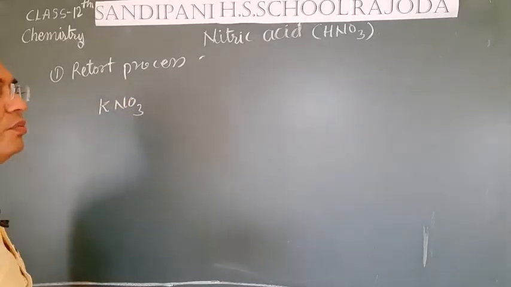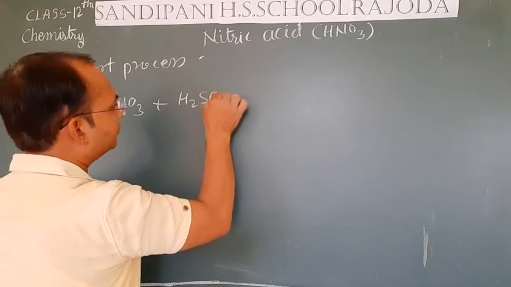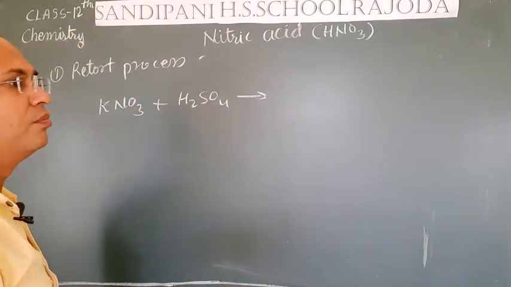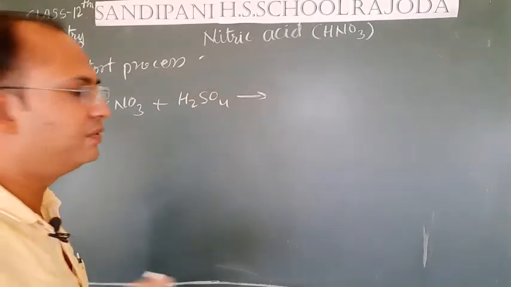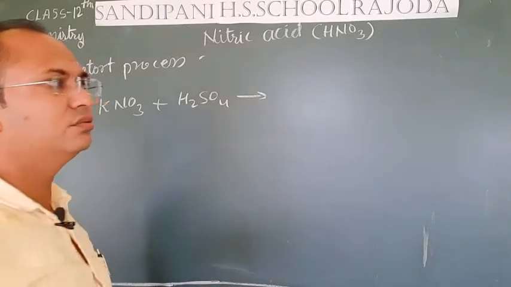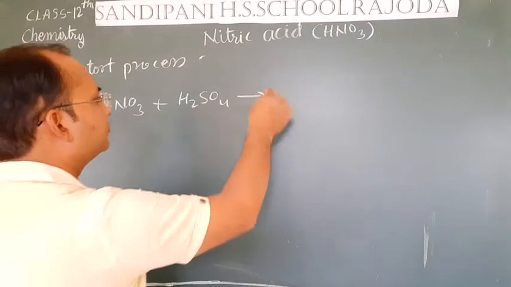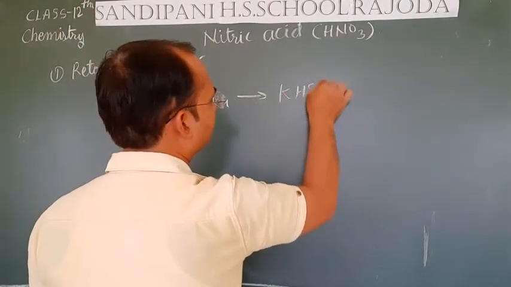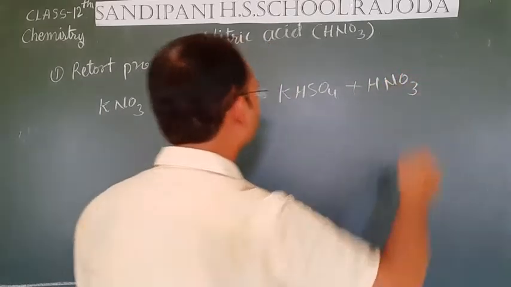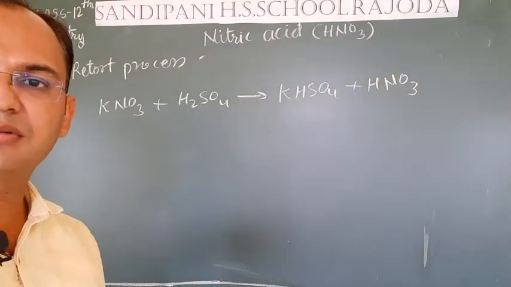KNO3, potassium nitrate, reacts with sulfuric acid H2SO4 to produce potassium hydrogen sulfate, that is KHSO4, and nitric acid. This is the reaction that takes place in the retort process.